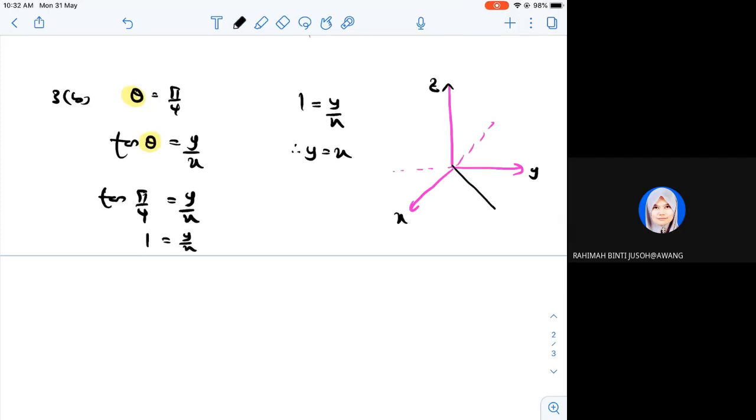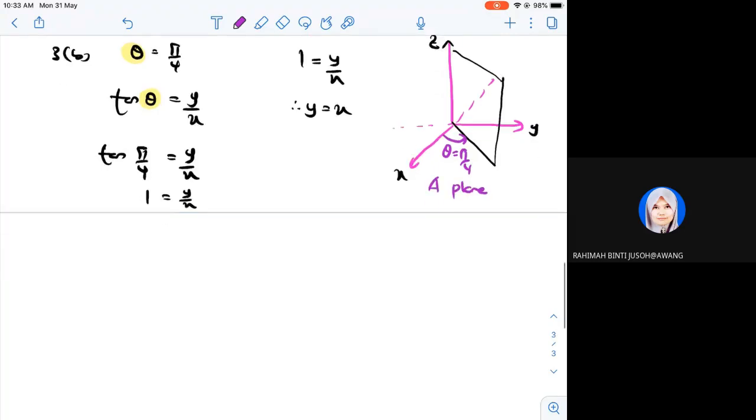We don't have z, so this plane should be parallel along z. So that is the surface for theta equals pi over 4. Now where should we denote the theta? I use purple color. So theta from here to here is theta equals pi over 4, representing a plane.